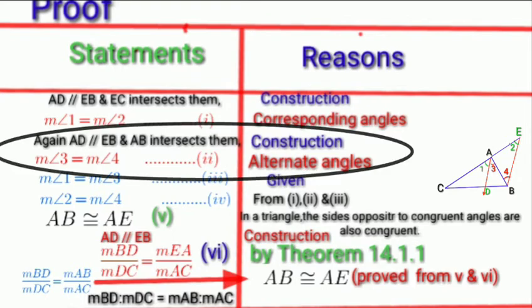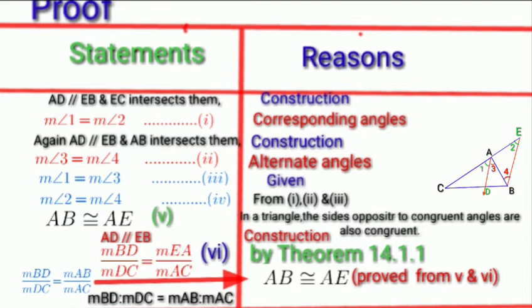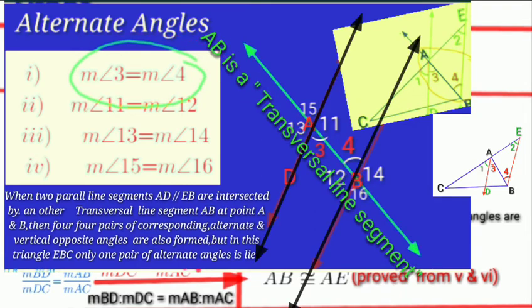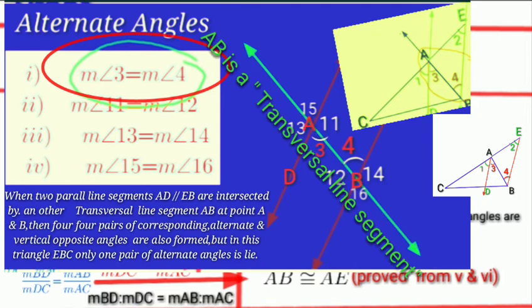Secondly, we have to discuss the alternate angles. Measure angle 3 is equal to measure angle 4. When two parallel line segments AD parallel EB are intersected by a transversal line segment AB at points A and B, where AB is another transversal line segment in the triangle ABC, then four pairs of corresponding angles, alternate angles, and vertical opposite angles are formed.